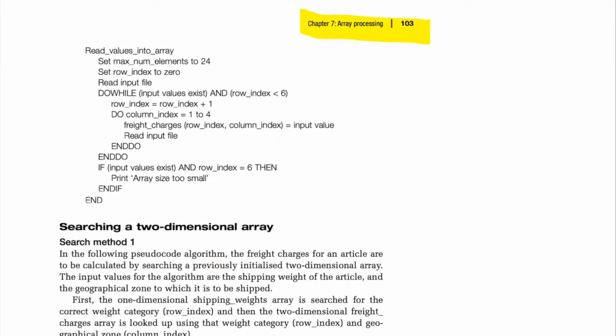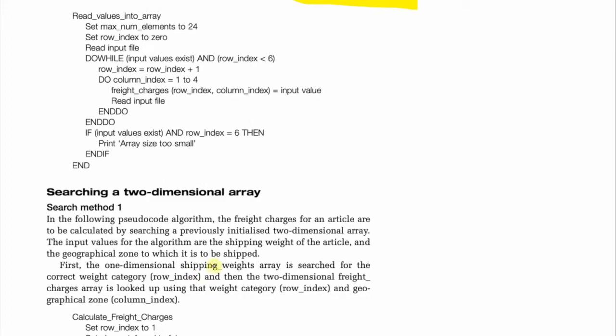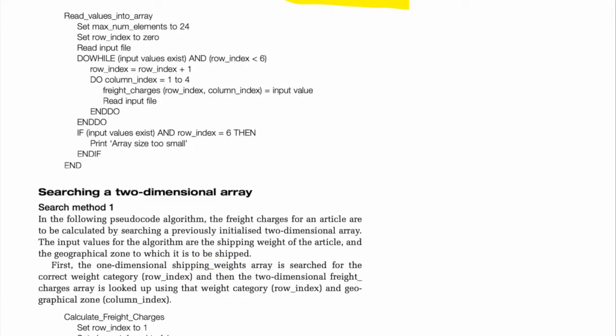And finally, we'll be here on page 103 to do that. I am not going to belabor this with you. What I will tell you is this outside do while loop is going to maintain the rows for us. So we can see here, do while input values exist.